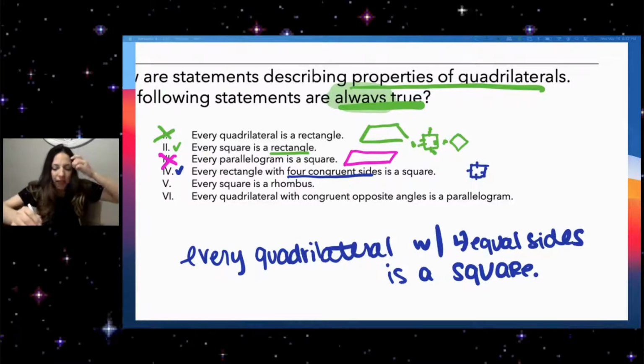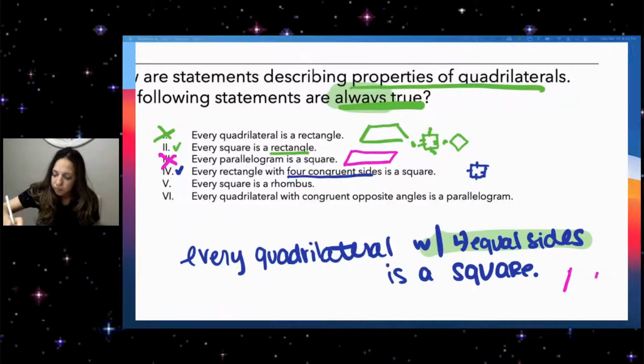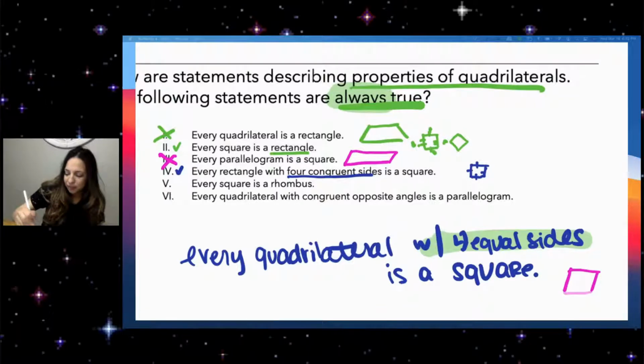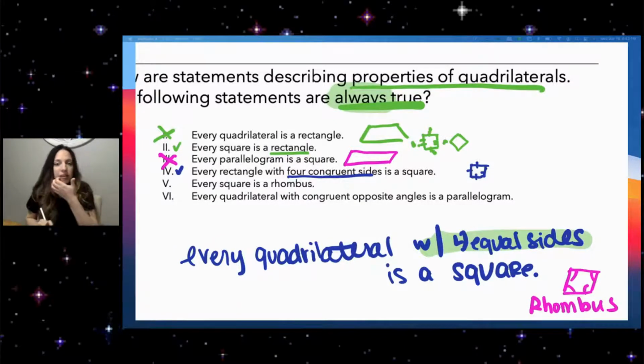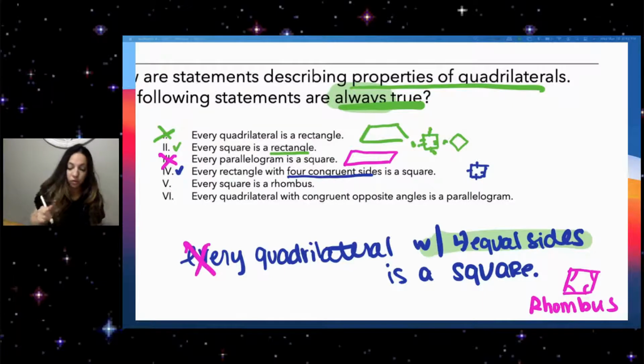It has 4 equal sides. Why is it not always true? Well, what about this? What is that? That's a rhombus. And a rhombus can sometimes be a square, but these are not 90-degree angles. They're 4 equal sides, but it's not 90-degree angles. So this would not be true either, but I kind of went off on a tangent on that.